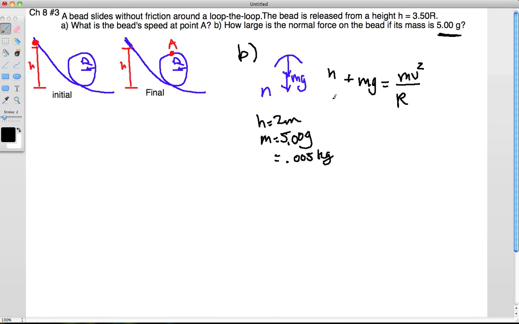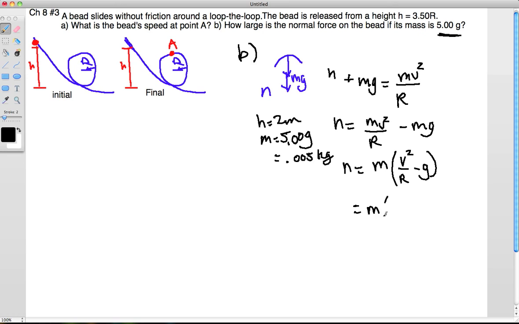Now here, we would move the N to its own side, so it'd be N equals mv squared over r minus mg. Now simplifying the m to move it to its own side, it'd be N equals m parentheses v squared over r minus g. And keep simplifying, we would get m parentheses, and you could plug in v squared from what we got before.